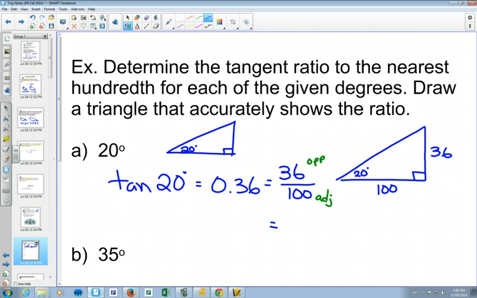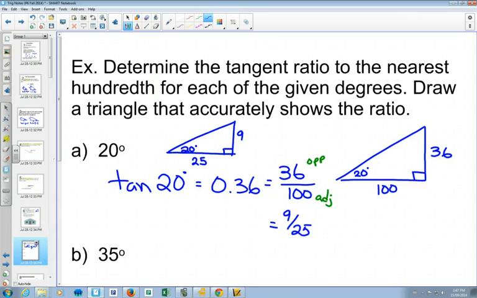Yes, 9 over 25, if you divided both by 4. That would reduce it to lowest terms. That means that if you drew another triangle and the opposite side was 9 and the adjacent side was 25, you'd also get a 20-degree angle, just a smaller version of that same triangle.